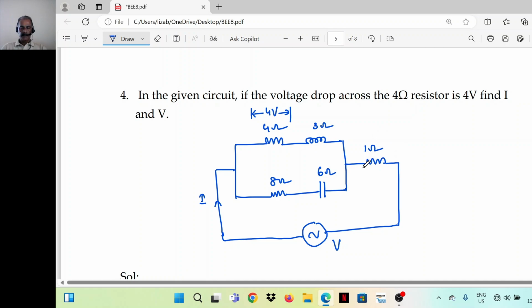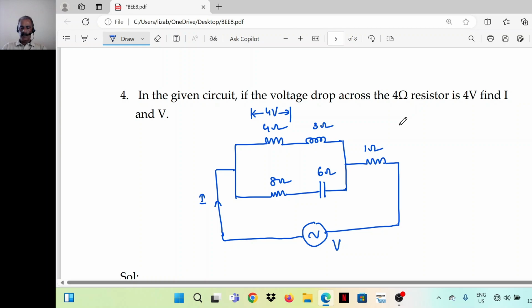So here a resistance of 4 ohm and inductive reactance of 3 ohm. The other circuit has got a resistance of 8 ohm and a capacitive reactance of 6 ohm. Say an independent 1 ohm resistor. Now it's given that the voltage drop across the 4 ohm resistor is 4 volts.